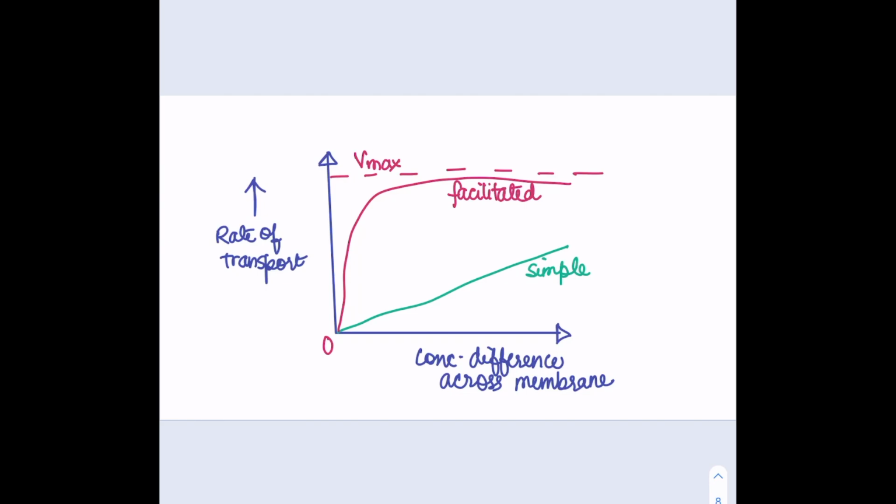If we graphically try to understand these two types, we can see that simple diffusion gradually increases with an increase in concentration difference and the rate of transport, whereas facilitated diffusion attains a high rate of transportation even with a low concentration difference because of the assistance of a transport protein. But it reaches a saturation due to a fixed number of proteins available.